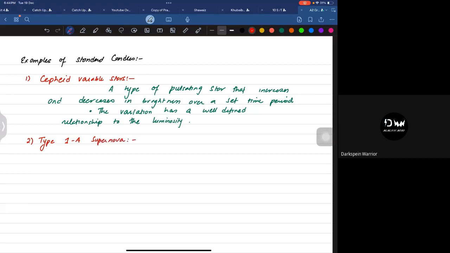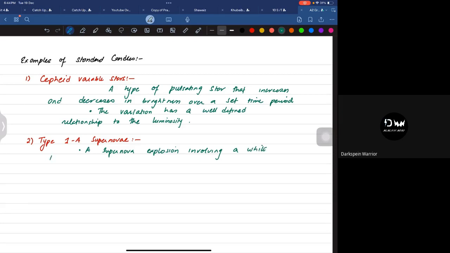We're going to learn supernovas more. In plural form, you can write supernovae. A supernova explosion involving a white dwarf.